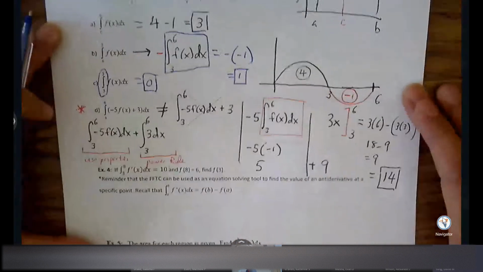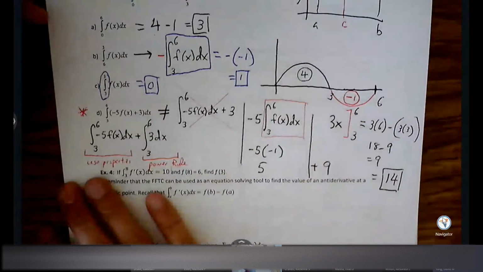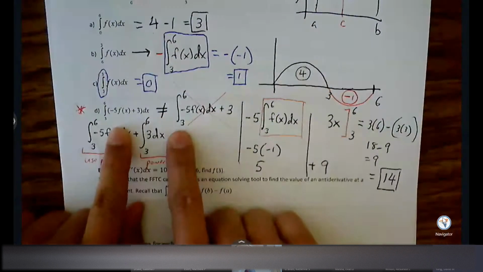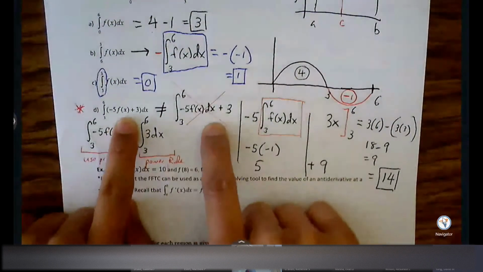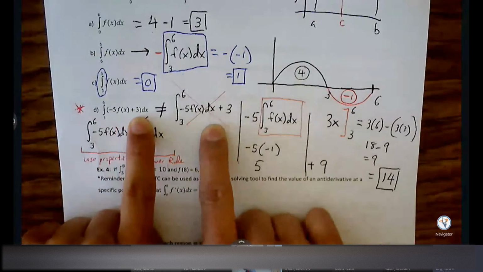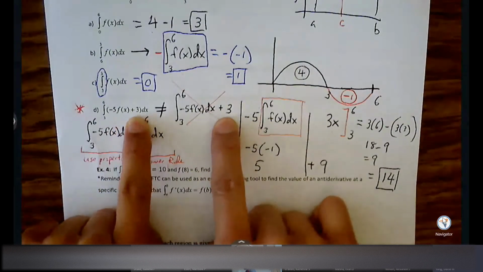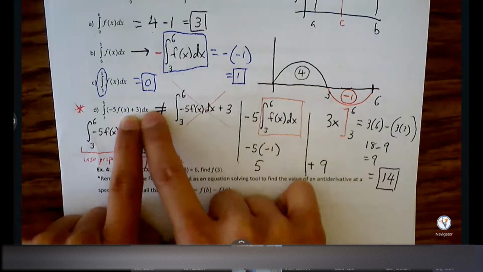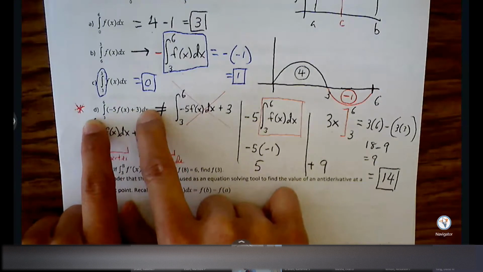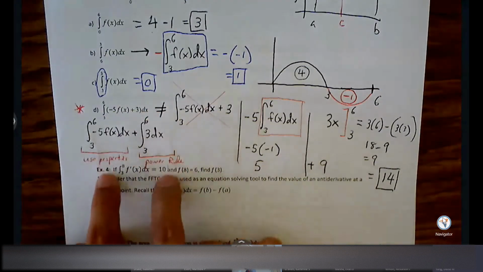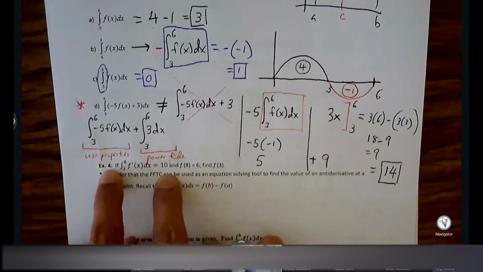Okay, I think we got through these examples here, but we ended with D, where we have to understand that this +3 is not just a +3 by itself. That +3 is inside the integral notation. So what we did was we thought of it as two separate problems, integral of f of x and integral of 3.